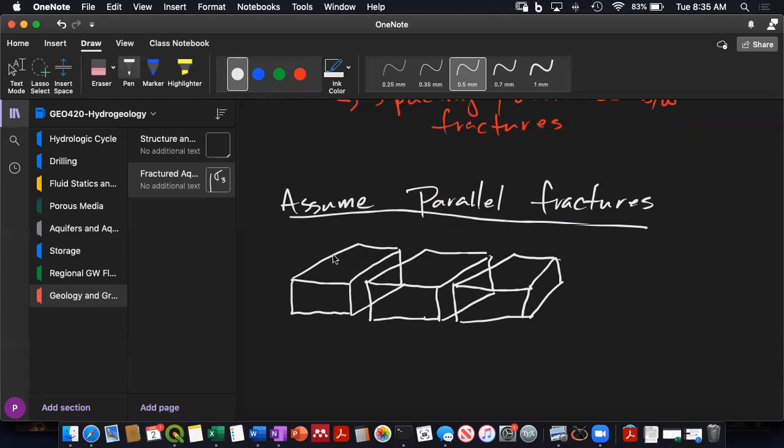All right, so these are my matrix blocks, and they are separated here.